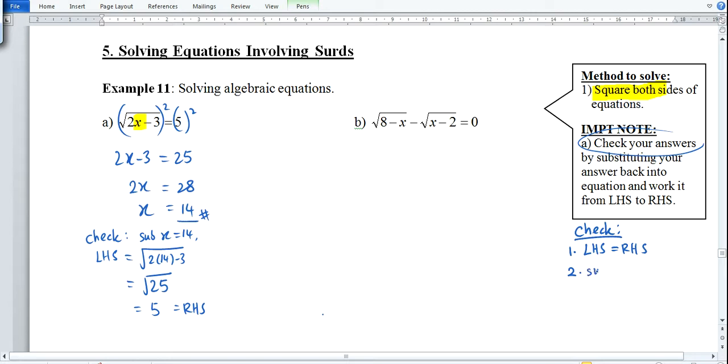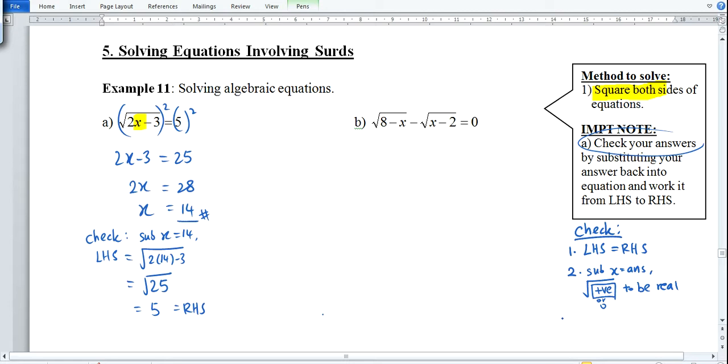So if you sub your answer x back into the question, make sure that within the square root you should have a 0 or a positive number inside the square root to be real, because if it's negative, then it is not a real solution.